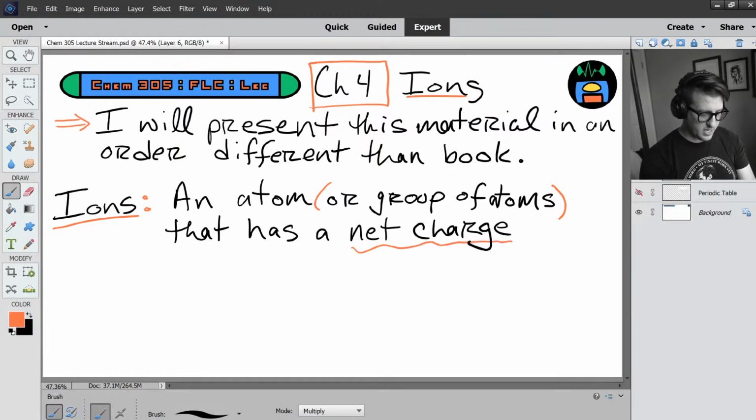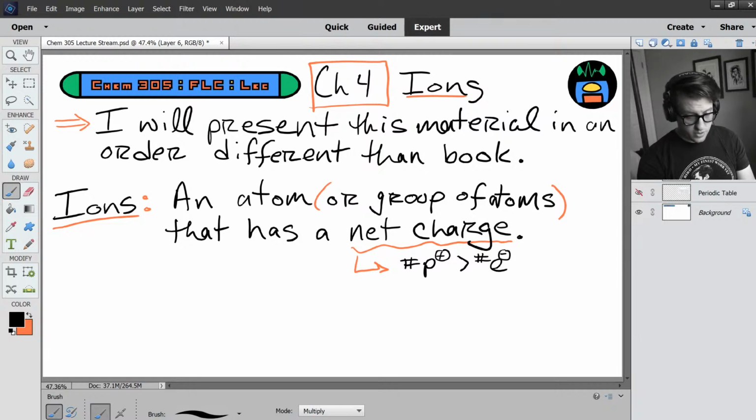All right, let's talk for a minute about what I mean by net charge. All right, so a net charge arises from an imbalance in protons and electrons. A species will have a net charge if the number of protons are greater than the number of electrons, or if the number of protons are less than the number of electrons.